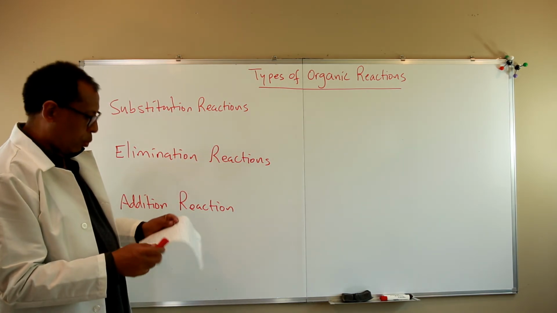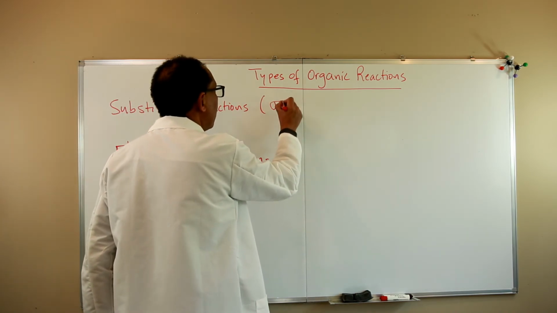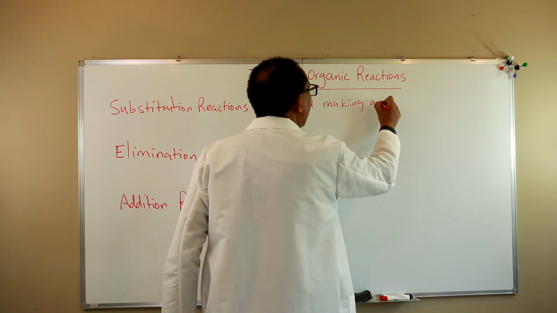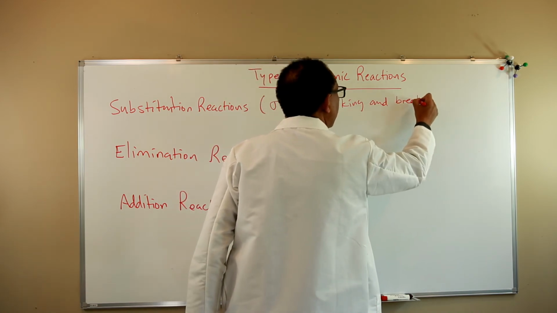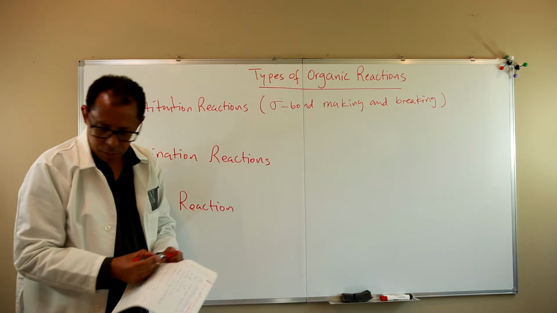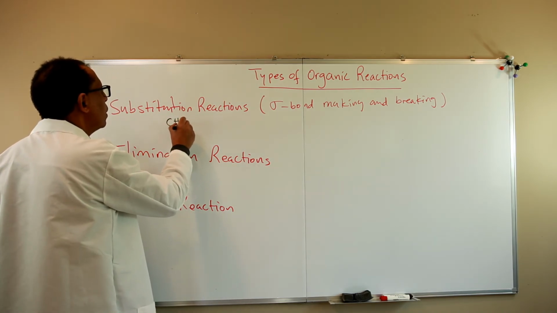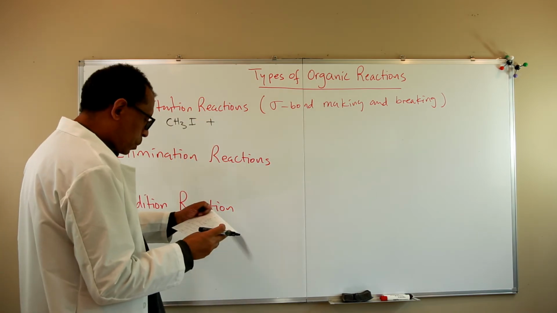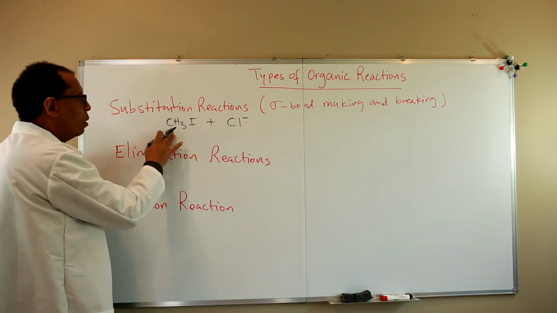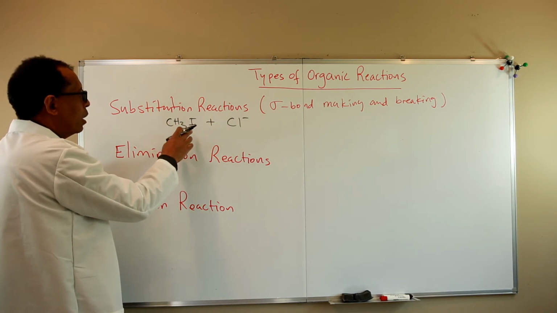So if I just put one organic example, this involves sigma bond making and breaking. For example, if you have methyl iodide plus a chloride anion, which is electron rich, you have a substitution of the iodine by chloride.